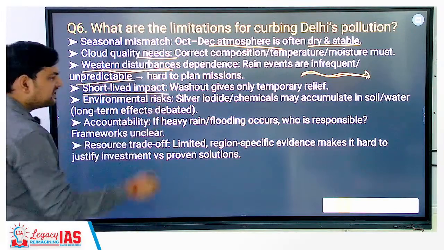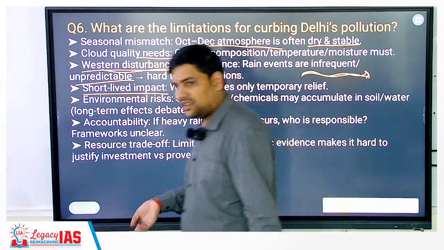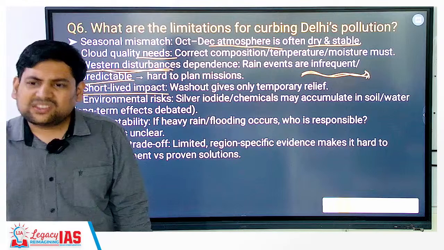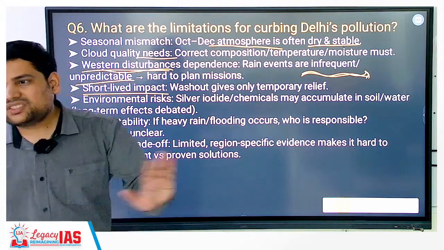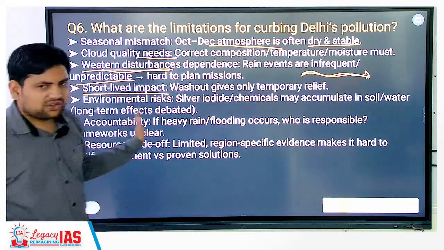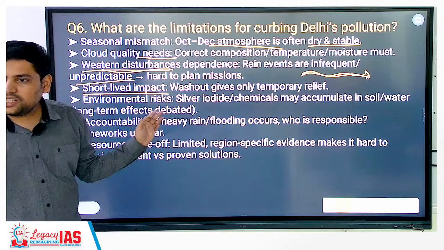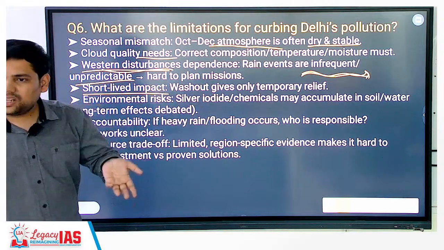Then this will have a short-lived impact, because if we keep on polluting, as we see in northern India, there is constant stubble burning, constant dust from construction, from factories, then what will happen? If you continue the emissions, after 1 week you will again have similar conditions.